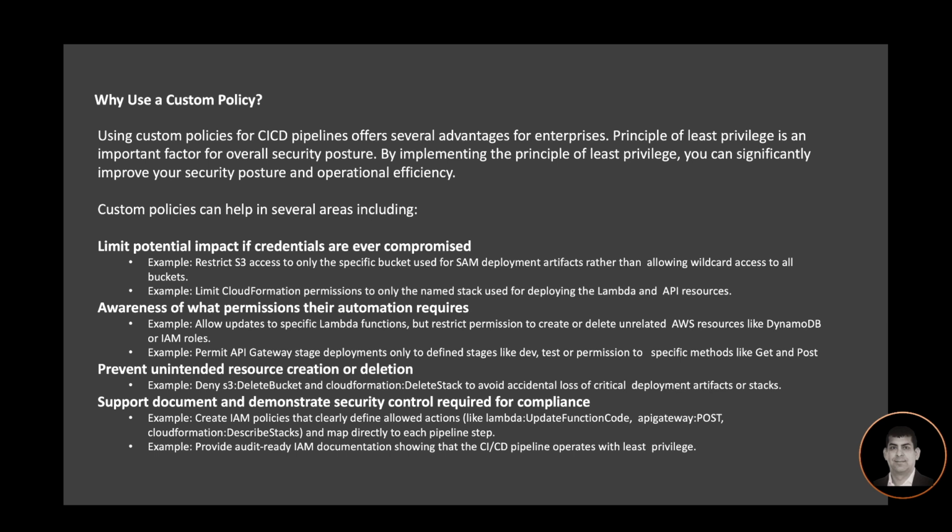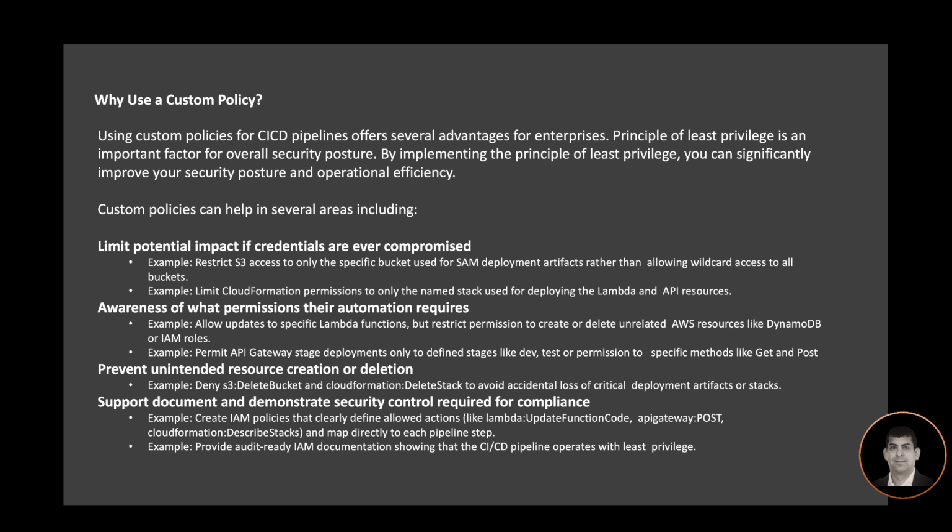Another example is limiting the CloudFormation permissions to only the named stack used for deploying the Lambda and API resources for this particular function. That way, again, you are protecting all your other CloudFormation stacks in the case of a security compromise.